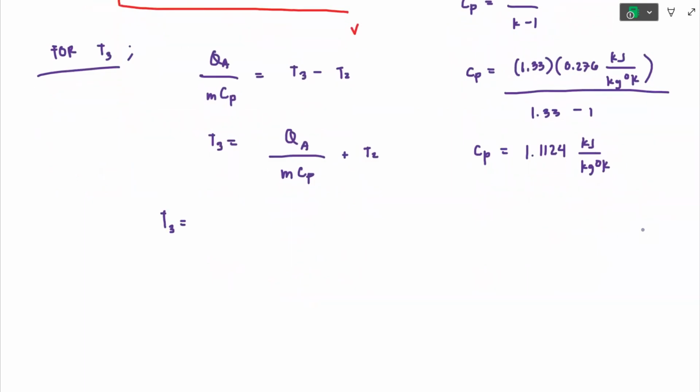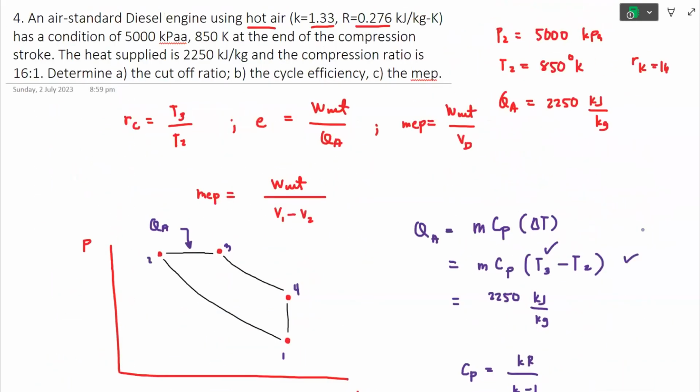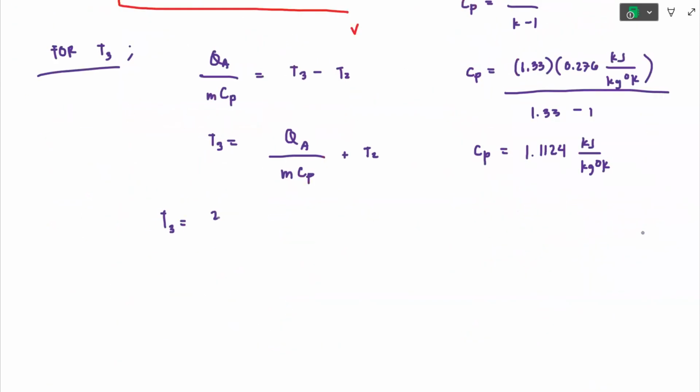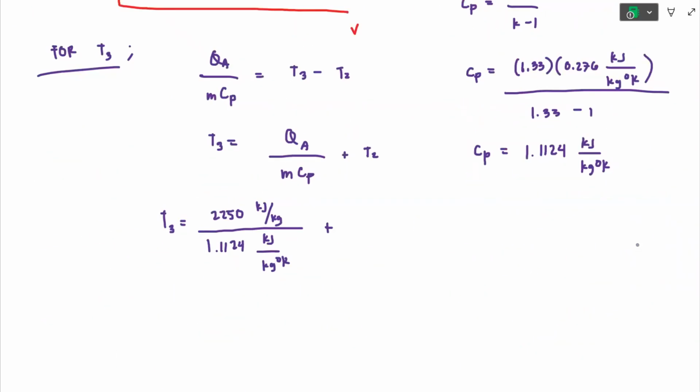T3 is QA, that is 2250, kung di ako nagkakamali. 2250 kilojoule per kilogram. Okay, m. Yun na yan eh. QA over m. Specific heat added. Tapos ang Cp, 1.1124 kilojoule per kilogram degree Kelvin. Plus T2, binigay dyan is 850 degrees Kelvin.